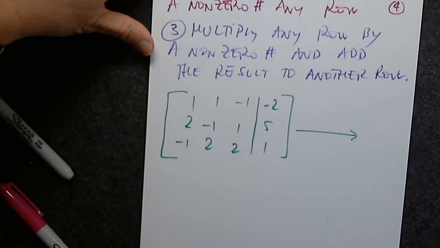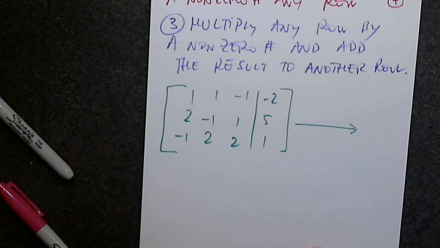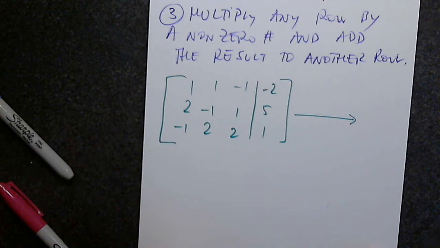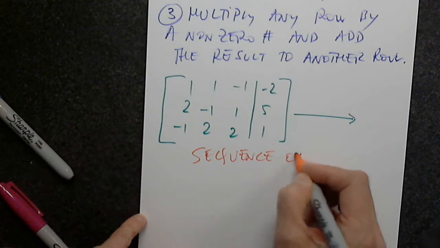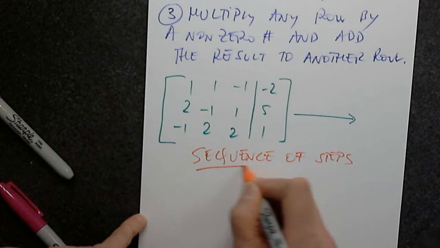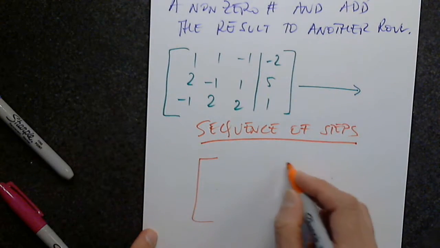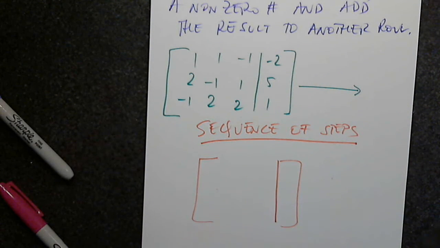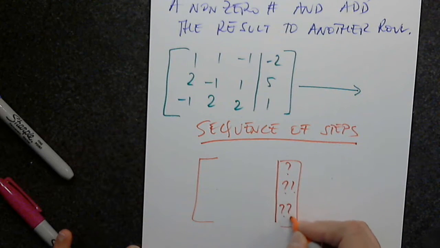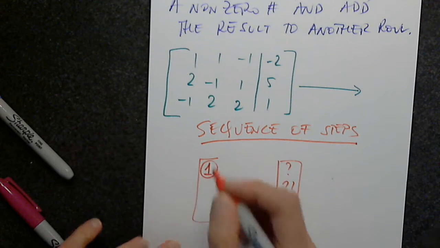Before we start, I should have written this before, but that's okay. Here is the sequence of steps from which we can never deviate. If we deviate from the sequence of steps, we will never get the solution. Step number 1, we have to have a 1 in the first row, first column.